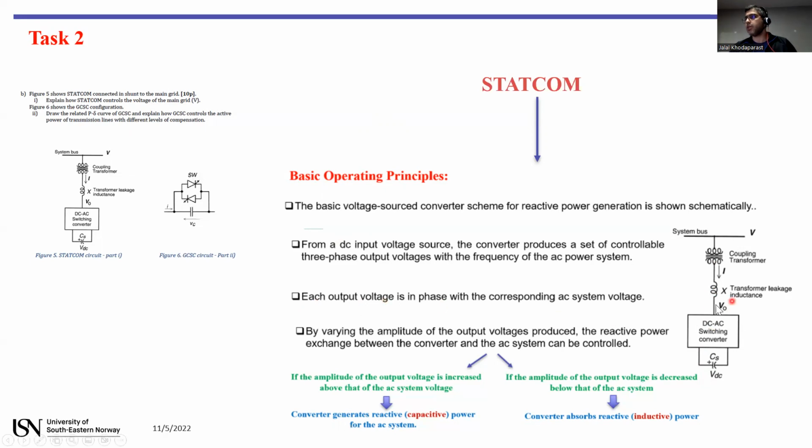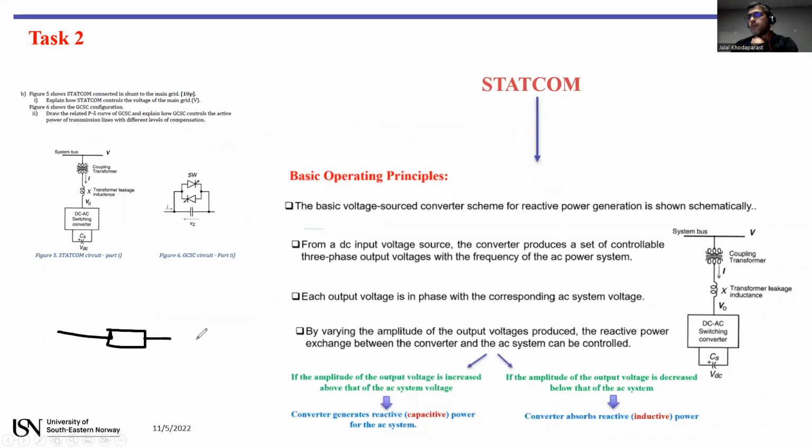The output voltage, the voltage that we want to create here, will be in phase with this voltage because we don't want to insert or absorb active power. But by varying the amplitude of the output voltage here, the reactive power exchange between the converter and the AC system will be controlled. We want to use this basic idea.